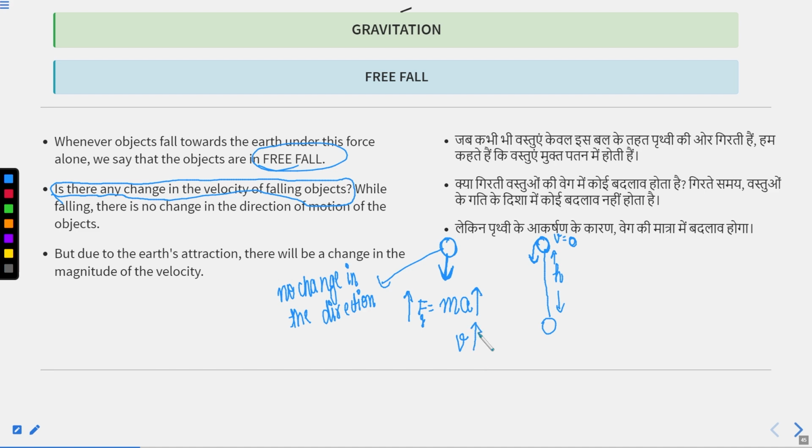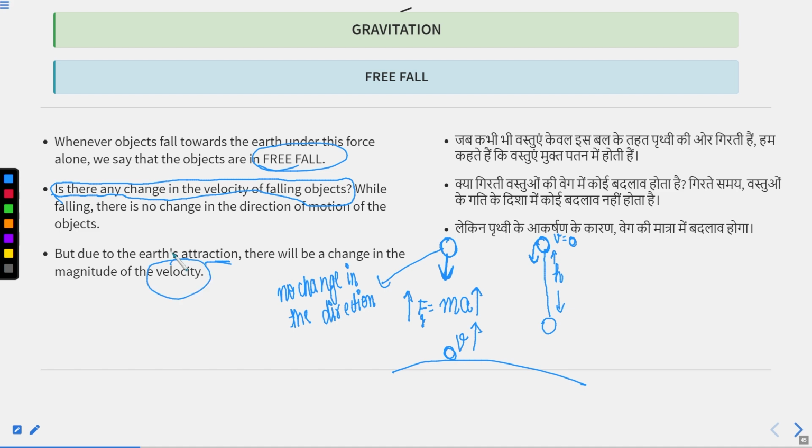Although there is no change in direction, gravitational force is accelerating this object, so its velocity is changing. Its velocity is increasing, and will reach maximum when this object is about to reach the surface of the earth. Due to the earth's attraction, there will be a change in the magnitude of velocity.